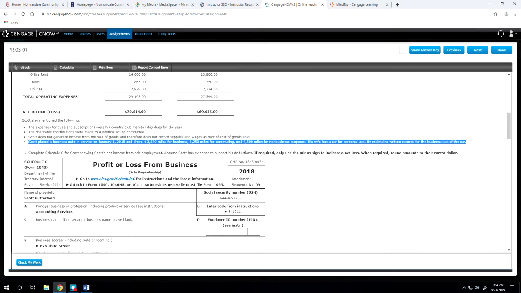So get your calculator out. 3,829 is the number of miles. And then what is the standard deduction for mileage per mile in 2018? You can look it up in your book again, or I'm going to tell you. It's 54.5 cents.